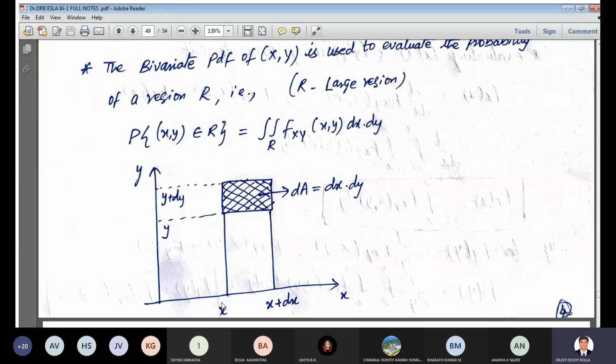So x plus dx is somewhere at this point. Correspondingly, the y value also increased to y plus dy. This point.